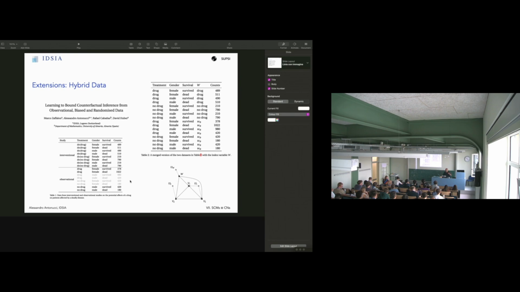Maybe these are interventional data from one hospital, and from another hospital you collect observational data. You can put all this data together, back propagate all the information, and obtain a single summary which is more informative at the latent level. And you can do that again by the EM in an automatic way.